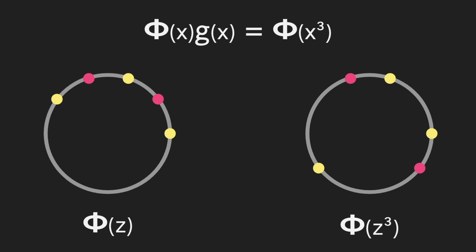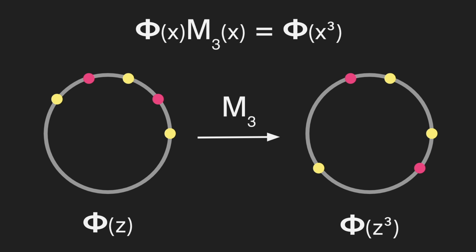And g essentially moves us from the left to the right. Multiplying by g modifies the left set into the right set. So we'll call g a modifier, and we'll write it as m sub 3. 3 because we're going to z to the 3rd power.